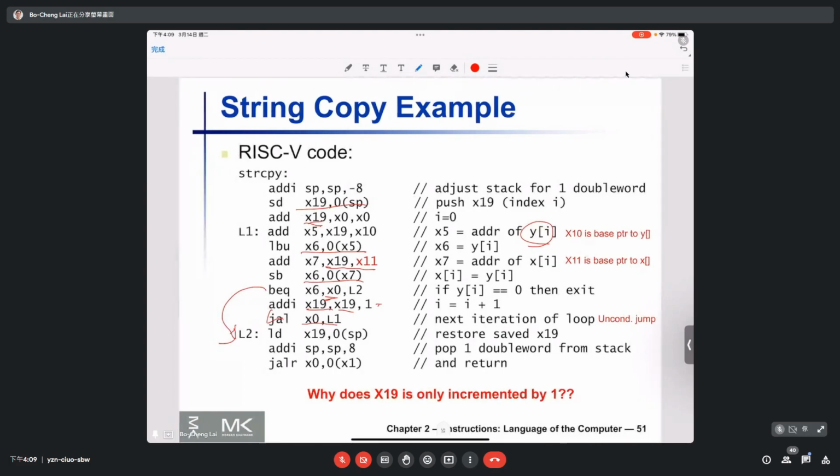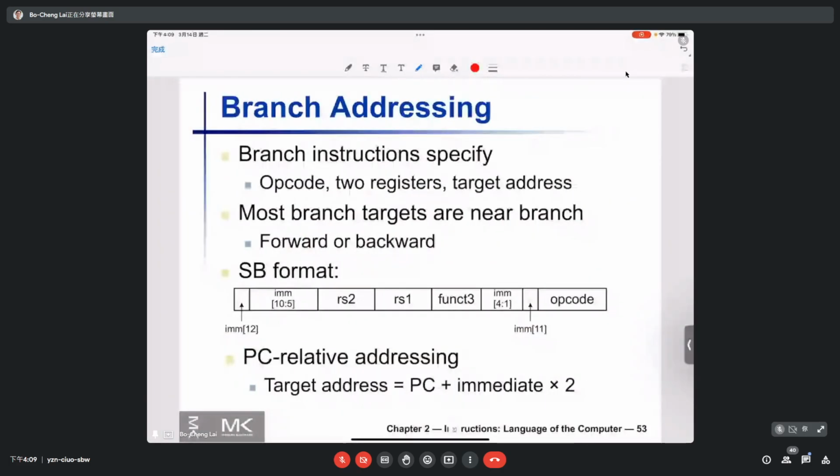For conditional addressing, you have the opcode, the registers to make the condition, and the target address. Most branch targets are near, because you only have 12 bits.